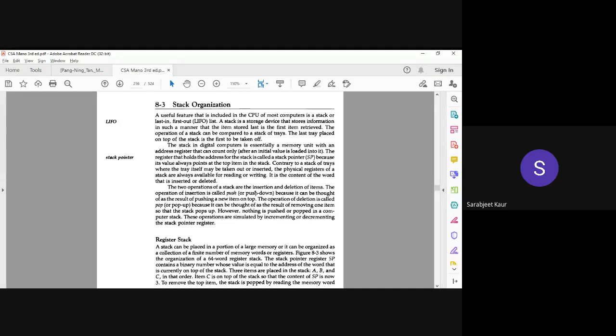So I store it at the top of my stack, right? Now, suppose multiple interrupts are allowed. So from program B, I again get an interrupt. I go to program C. Now I store the return address of program B. Again, it will be on the top of the stack, right?